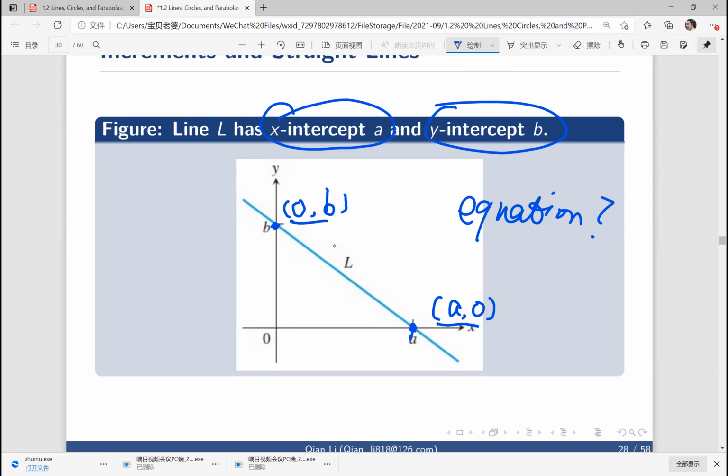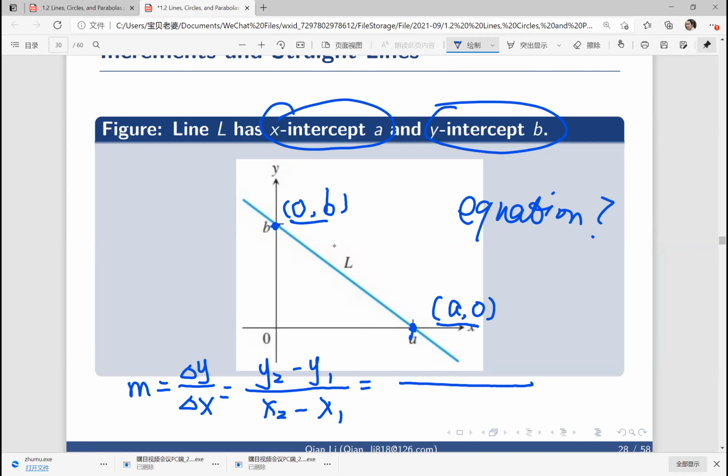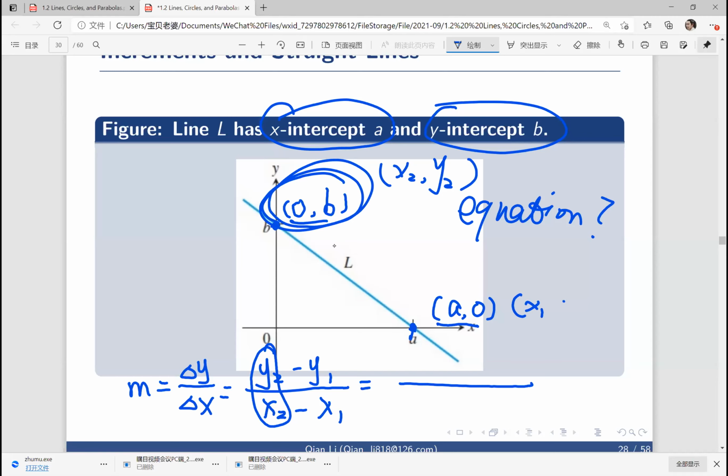we can compute the slope of this line, right? Then the slope m is delta y over delta x, which is y sub 2 minus y sub 1 over x sub 2 minus x sub 1. If we choose this point as x sub 2, y sub 2, then this point will be x sub 1, y sub 1.